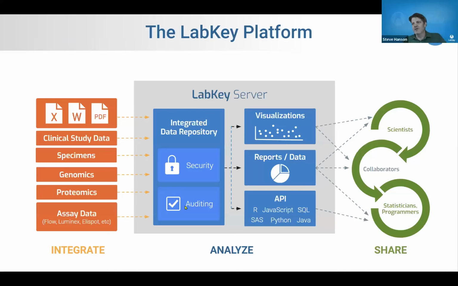Here's a graphical picture of what I just said, the three buckets. The red column is all of the input features, all of the features that pull data in, clinical data, specimen data, proteomics, whatever, and latch them together.